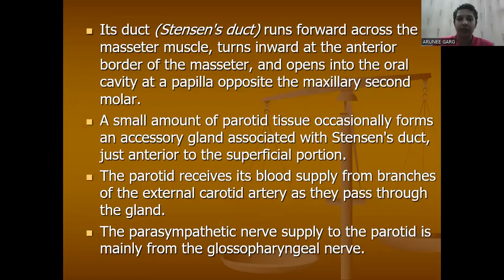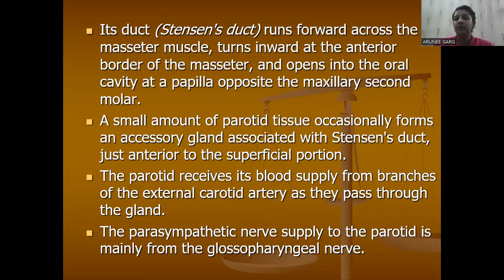The duct of the parotid gland is called Stenson's duct. It runs forwards across the masseter muscle, turns inwards at the anterior border of the masseter, and opens into the oral cavity at a papilla opposite the maxillary second molar. A small amount of parotid tissue occasionally forms an accessory gland associated with Stenson's duct, just anterior to the superficial portion.